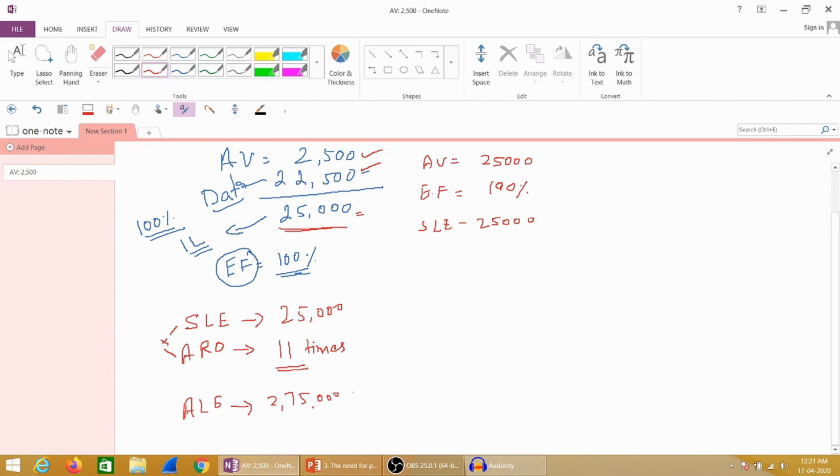The asset value is 25,000, exposure factor is 100%, SLE is 25,000 and ARO is 11 times, and the ALE is 25,000 into 11 times, 2,75,000. This is what it is.